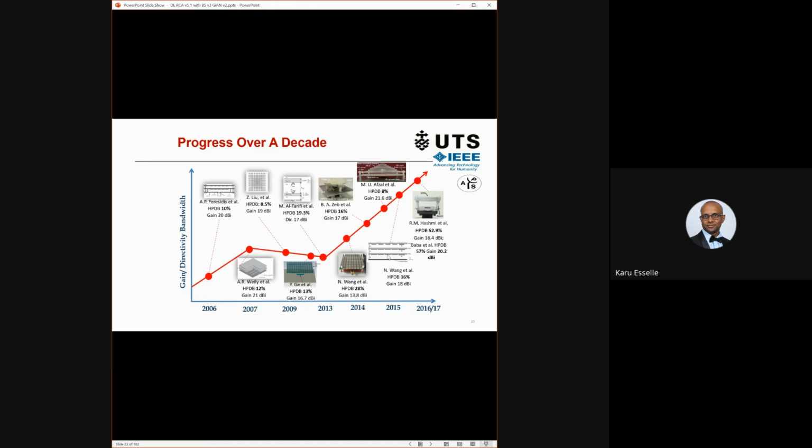3-layer PCBs. They all have good directivity. All of them got directivity greater than 15 dBi except this one.